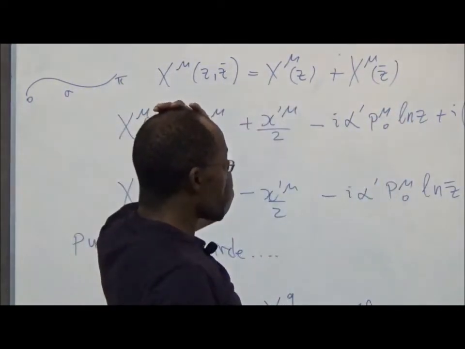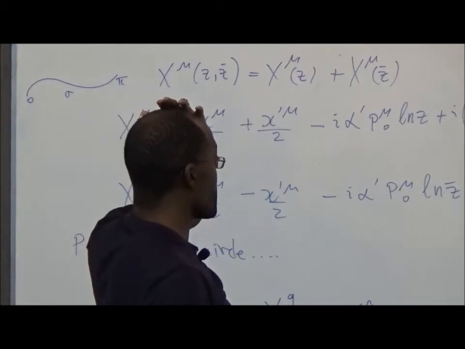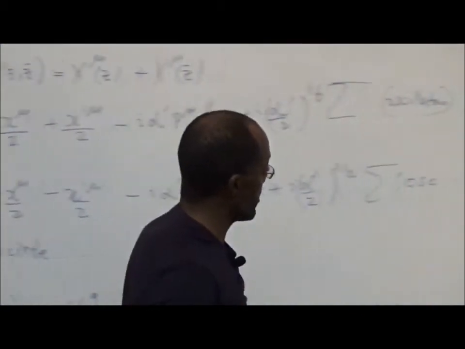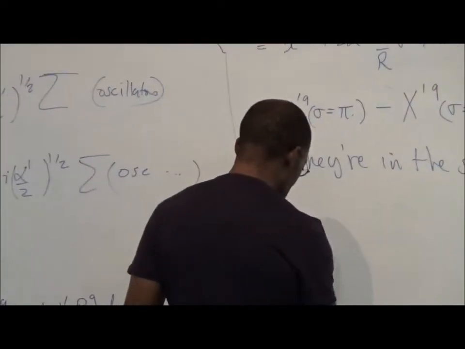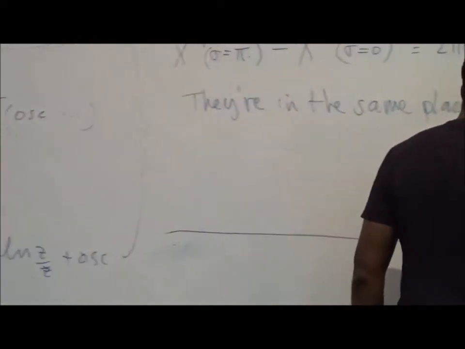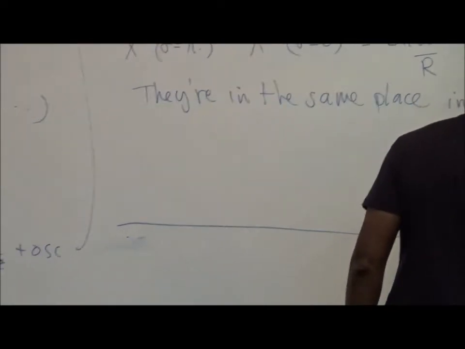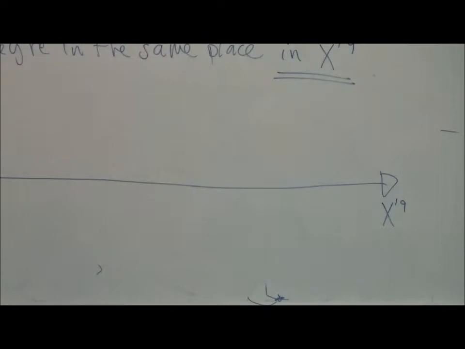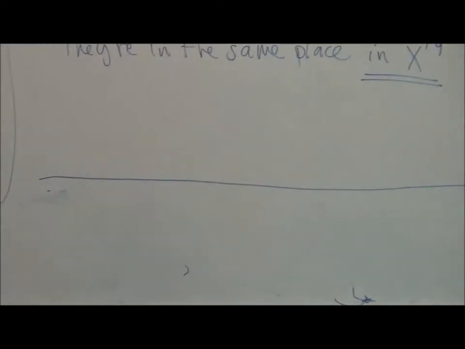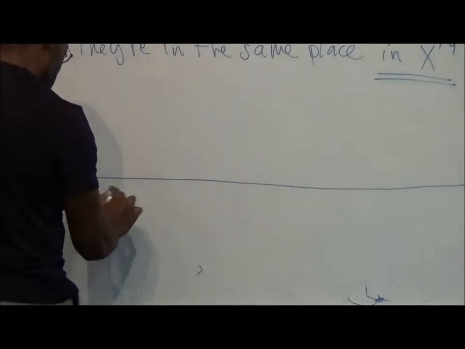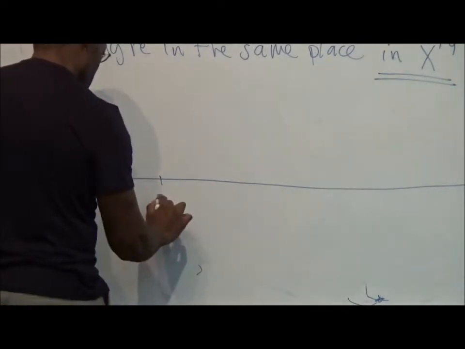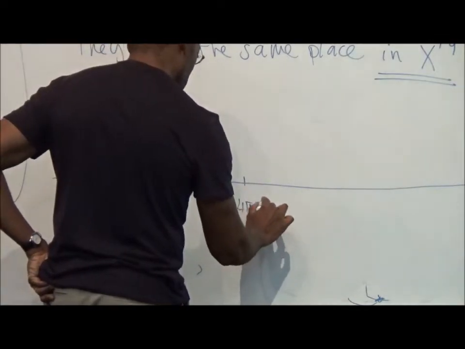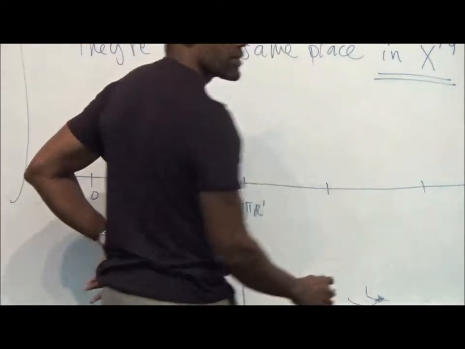So, just as we did last time, it makes sense to try and think of a way of drawing this in a useful way that organizes our intuition. So let me do it this way. Here is the x9 primed position. What I want to do is keep track. I have 0, I have 2 pi r prime, I have 4 pi r prime, etc., going on further.